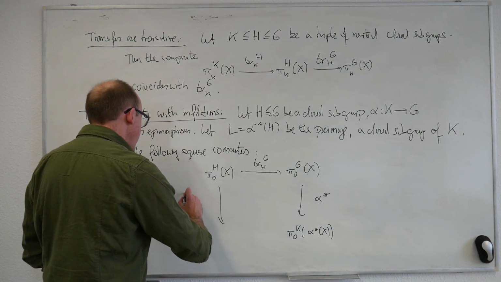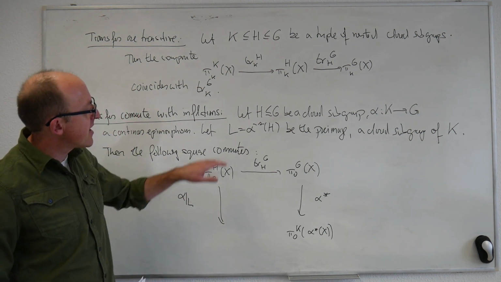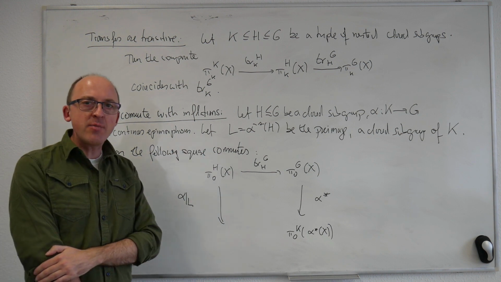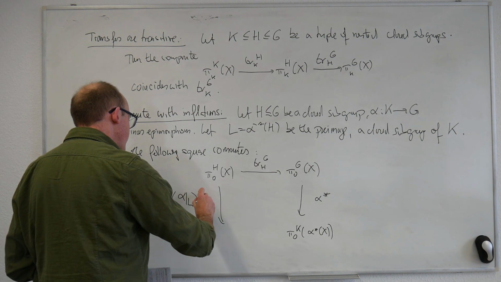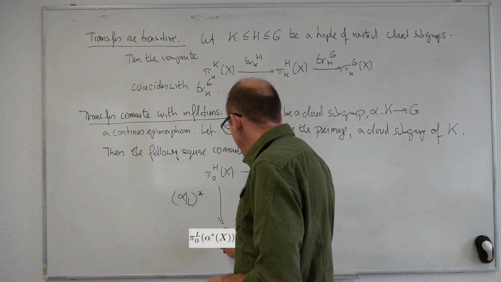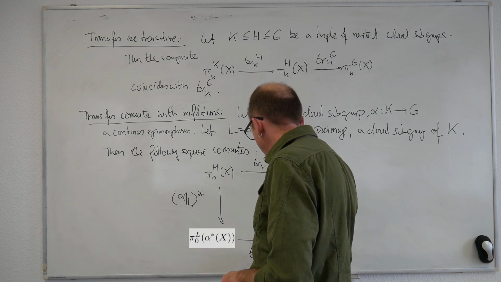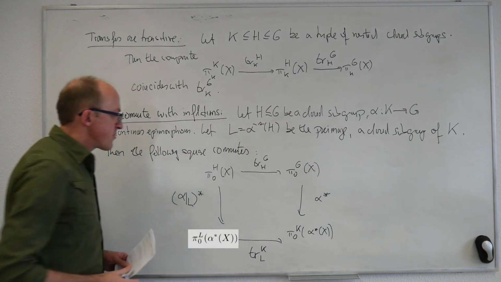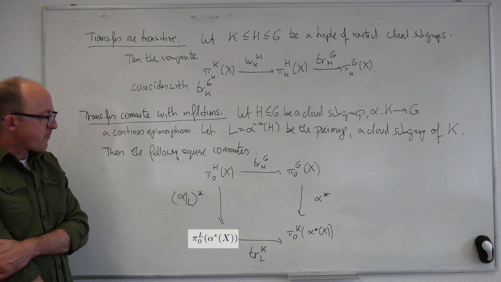We can also inflate, because we can first restrict alpha to L, and then by design, L was the inverse image of H. This is going to be a continuous epimorphism from L to H. So we can use the restriction or inflation along this homomorphism. This gets us to pi 0 L equivariant of X, and that's a closed subgroup of K, so we then can transfer from L to K, and this is the precise way in which transfer commutes with inflation.